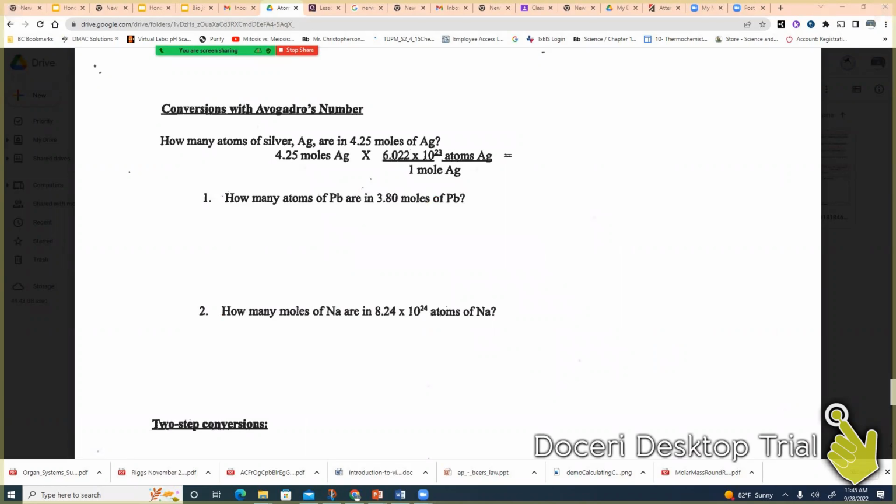The hint that you need to use Avogadro's number is that the word problem talks about some kind of particle. So once again, that could be an atom, that could be a molecule, or a formula unit, although that's pretty uncommon. But if you see any of those, that's telling you that you're going to have to use Avogadro's number.